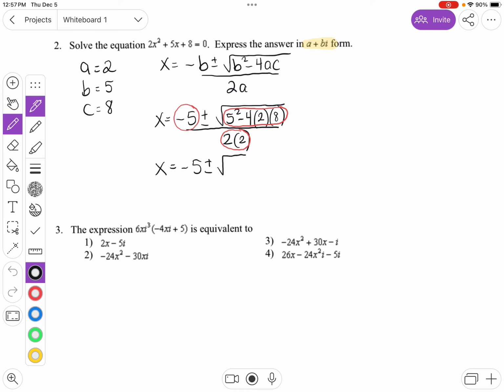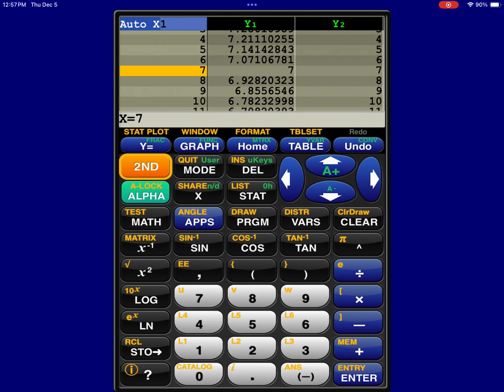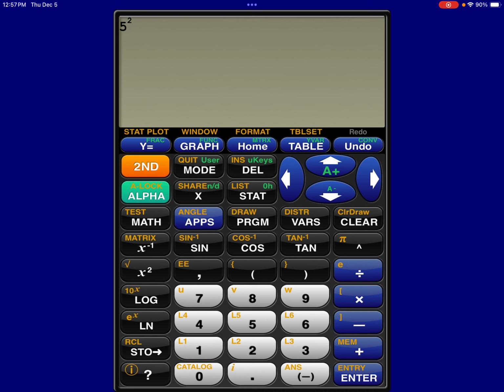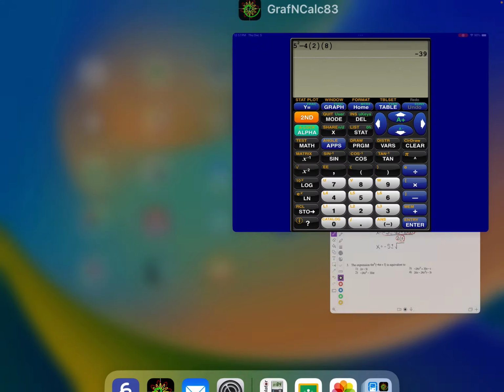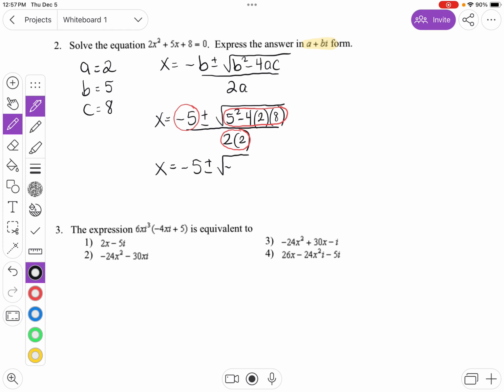Piece 2, I'm going to have to put into my calculator exactly the way that I see it. So 5 squared minus 4 times 2 times 8, and I'm going to get negative 39. All over 4.